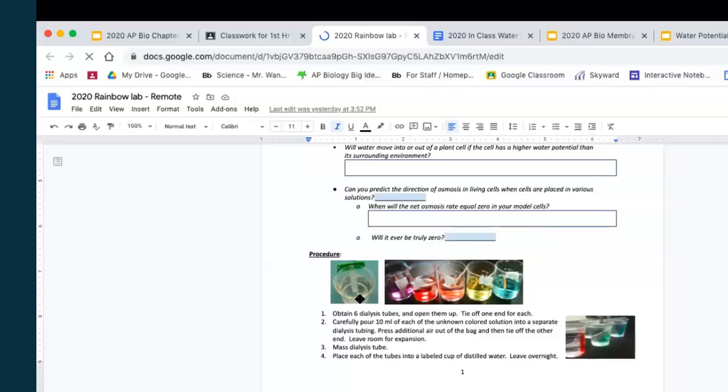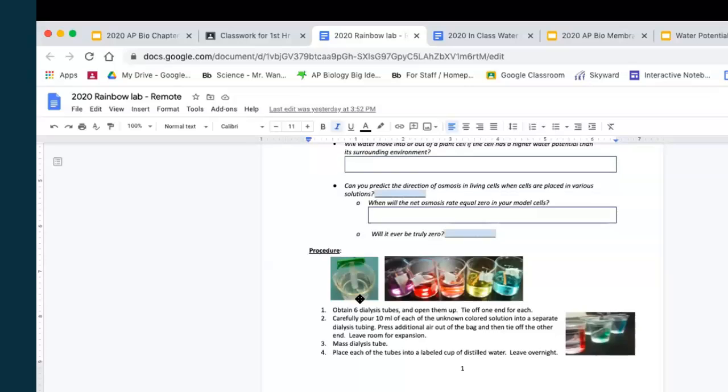Knowing that solutes suck: 0.2, 0.4, 0.6, 0.8, or 1 molar? 1, thank you. 1 molar has a lot of solute, so it's going to pull the water out. So relative to each other, you should be able to arrange them in order, from least to greatest or greatest to least, to determine their molar concentrations.